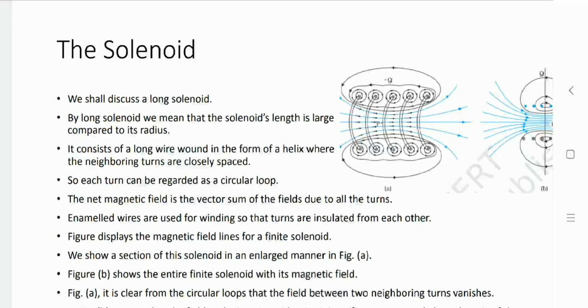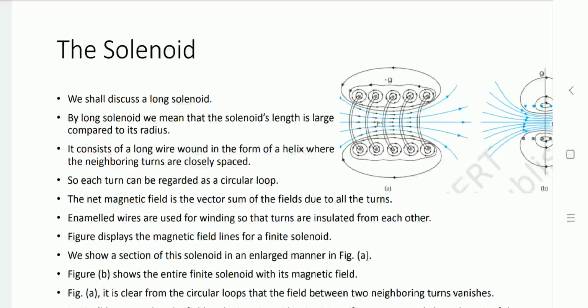The magnetic field is the vector sum of the field due to all turns. So we are going to add up the magnetic field of each individual turn, each individual circle. Enameled wire is used for winding so that turns are insulated from each other.